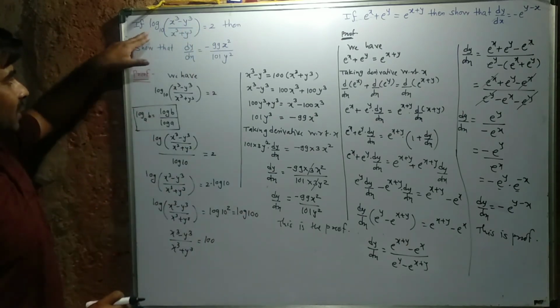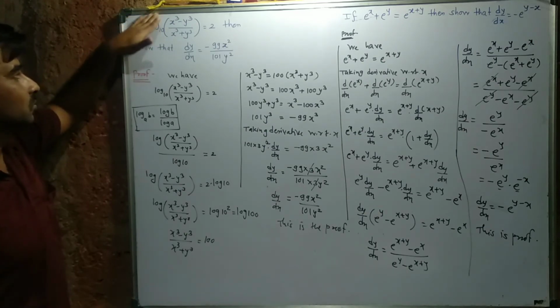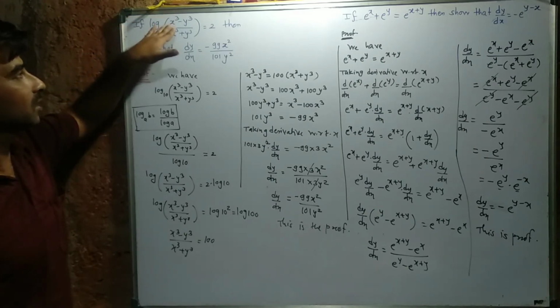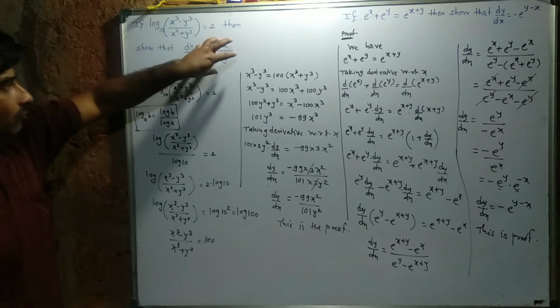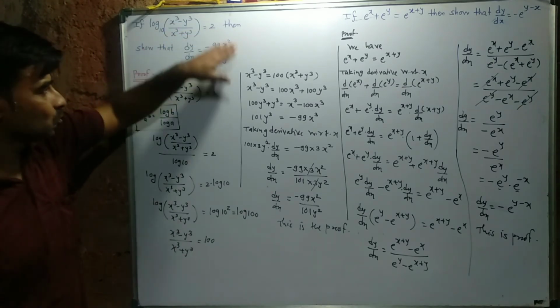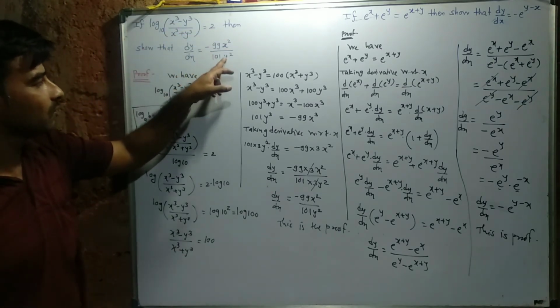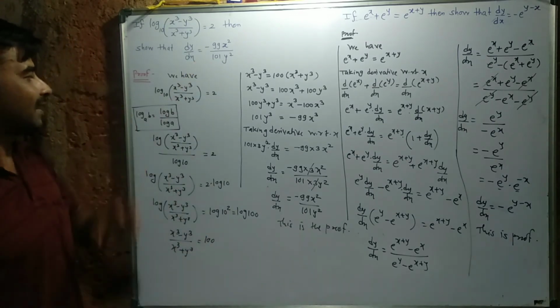Here you can directly take the derivative of log to the base 10 of x cube minus y cube divided by x cube plus y cube. But when we see the result we want to show, here 101 y cube, that means we have to go with a 100 there.